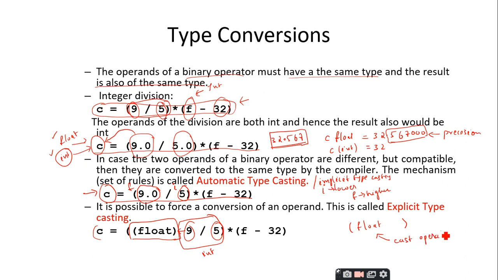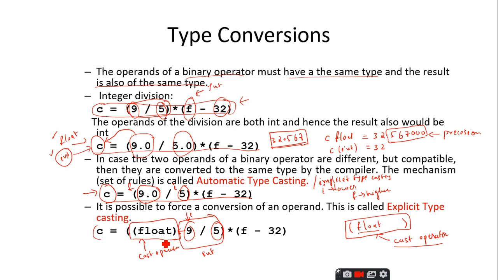I told you in the earlier slide, for explicit typecasting, you have to force the compiler to convert it into the required data type. So, the required data type is specified inside the parentheses, and the entire parentheses plus the data type is called the cast operator. When you precede this cast operator before an operand, initially 9 is an integer, but before this I have used a cast operator called float.